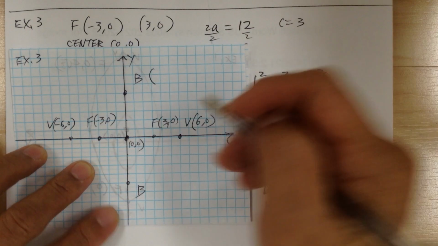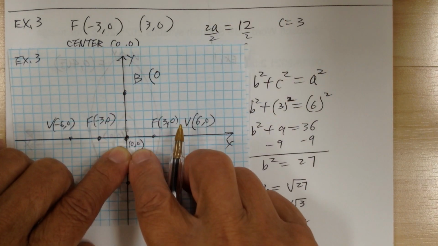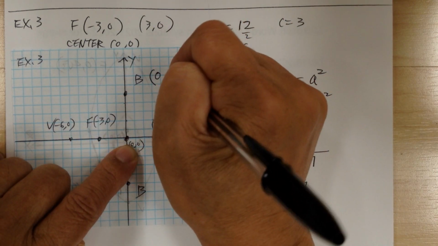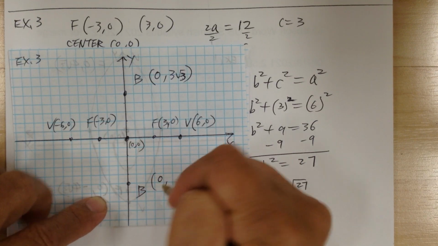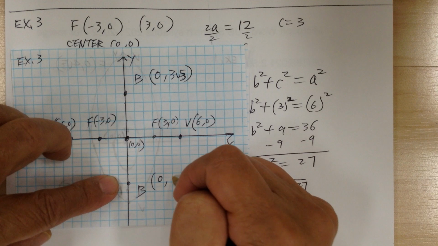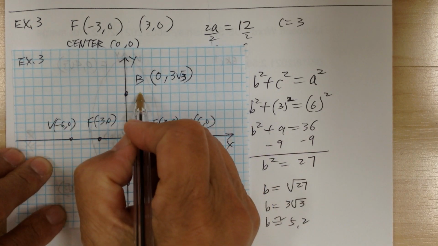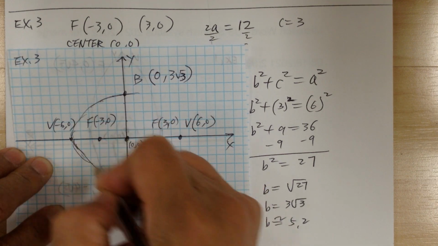So when you go up, the x stays the same, and the y changes by this much, so it would be 3 square root of 3. When you go down, the x stays the same, and the y goes down with minus, so it would be minus 3 square root of 3. Then you just go and sketch your ellipse.